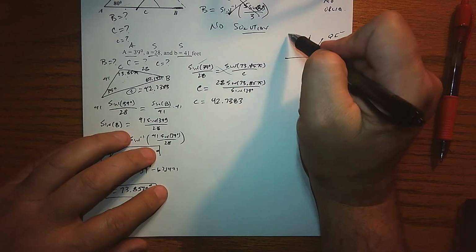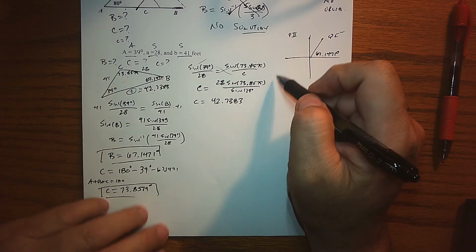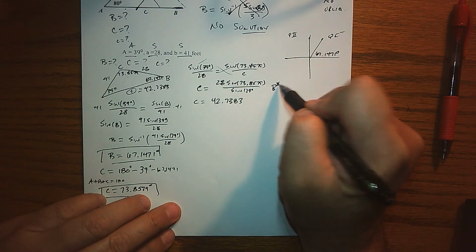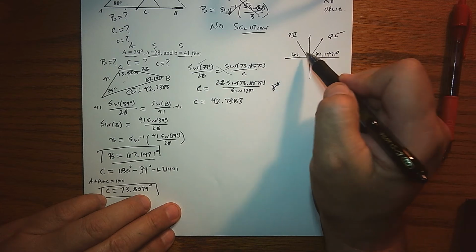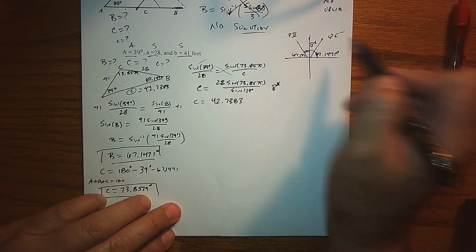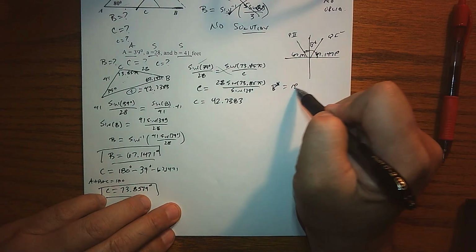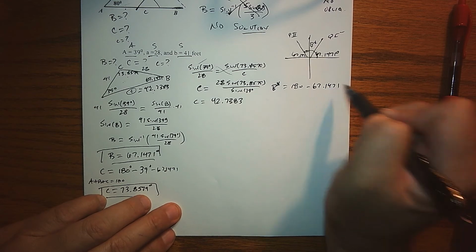So what about the quad 2, right? So let's go ahead and call that B star, right? So again, its reference angle will be 67.1471. So the B star that we're looking for is that angle there. So that's 180 minus the 67.1471 that we got.